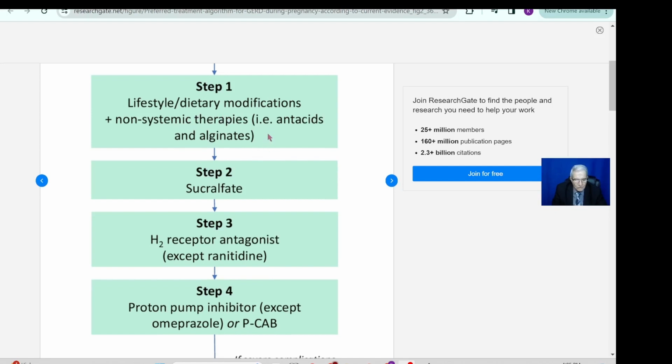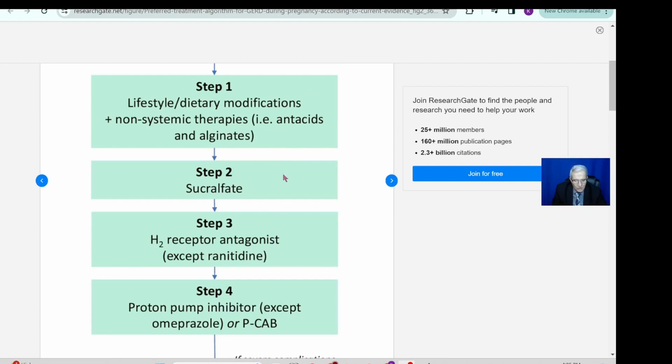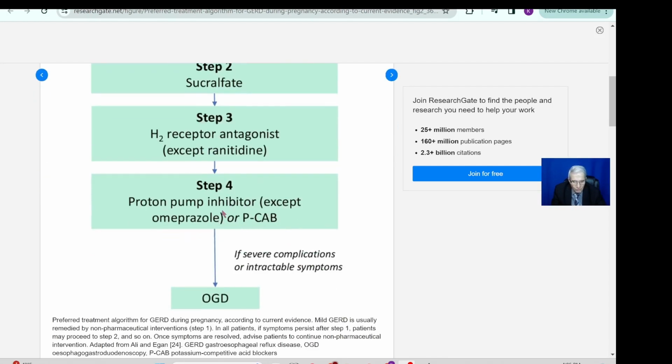This is the first approach. Then second, we go to sucralfate, and the third option will be H2 receptor antagonist, except ranitidine, because we already have some warning about ranitidine. And step number 4, they recommend using a proton pump inhibitor. So we have different approaches for the case.